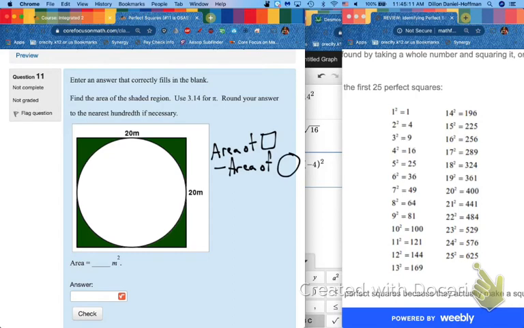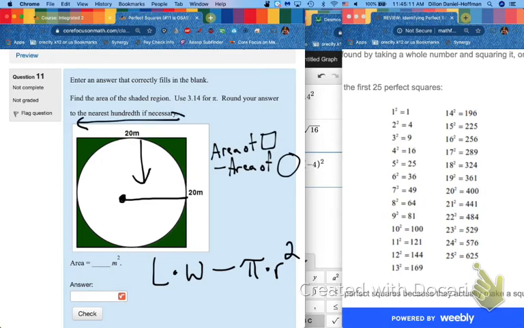Here's a little review on what these formulas are. You could Google it, but I will just tell you. Area of a square is length times width, and then we subtract the area of the circle, which is pi times radius squared. The radius of a circle is always from the middle of the circle out, or half of your diameter.